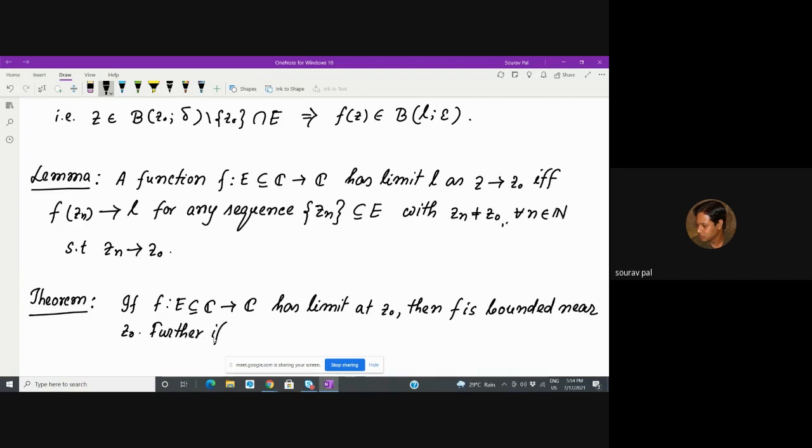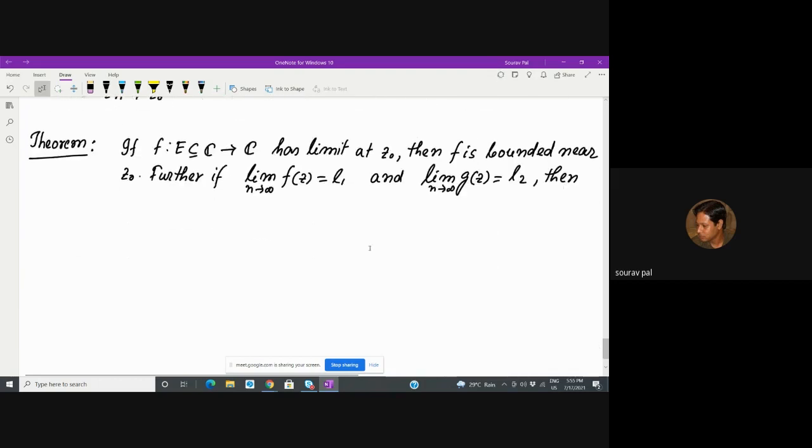Further, if the limit of f(z) equals L1 and the limit of g(z) equals L2, for two different functions, as z tends to z naught, then we have the limit of the sum is L1 plus L2.